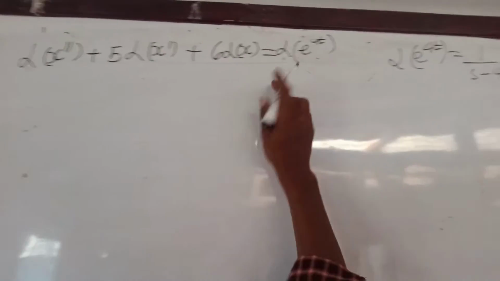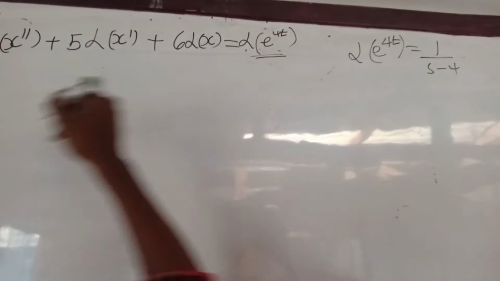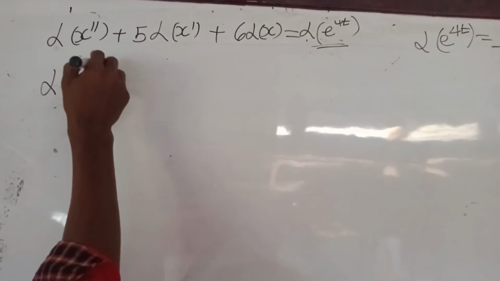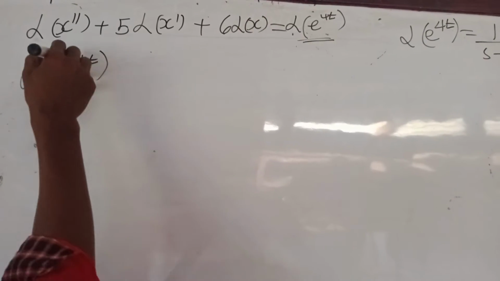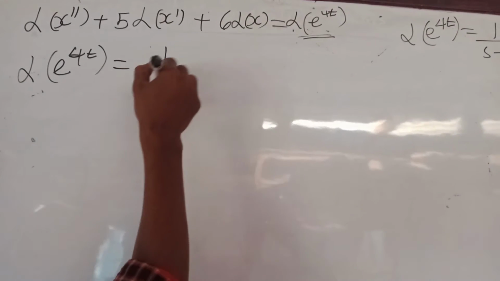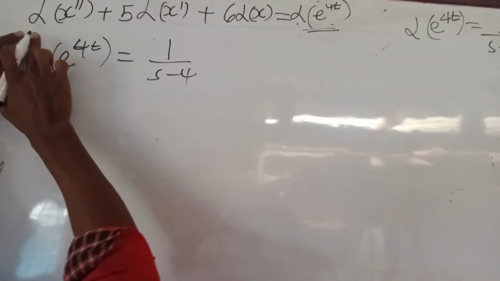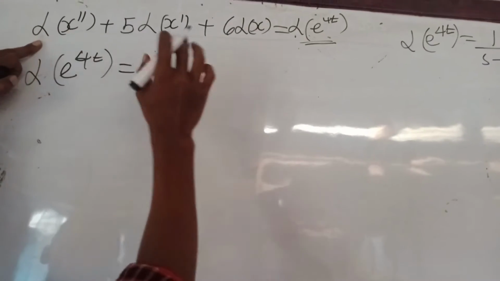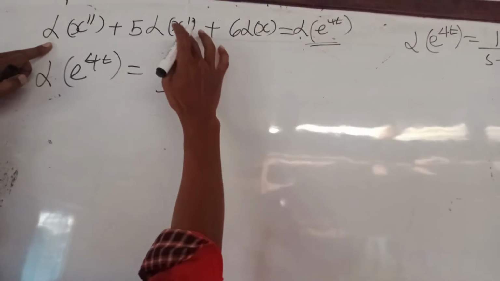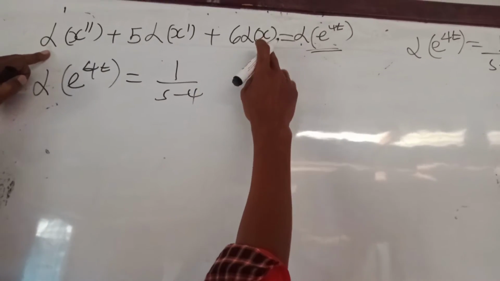So we have already gotten that our Laplace transform of e raised to 4t is equals to 1 over s minus 4. What we are left with is finding the Laplace transform of x double prime, Laplace transform of x prime, and Laplace transform of x.